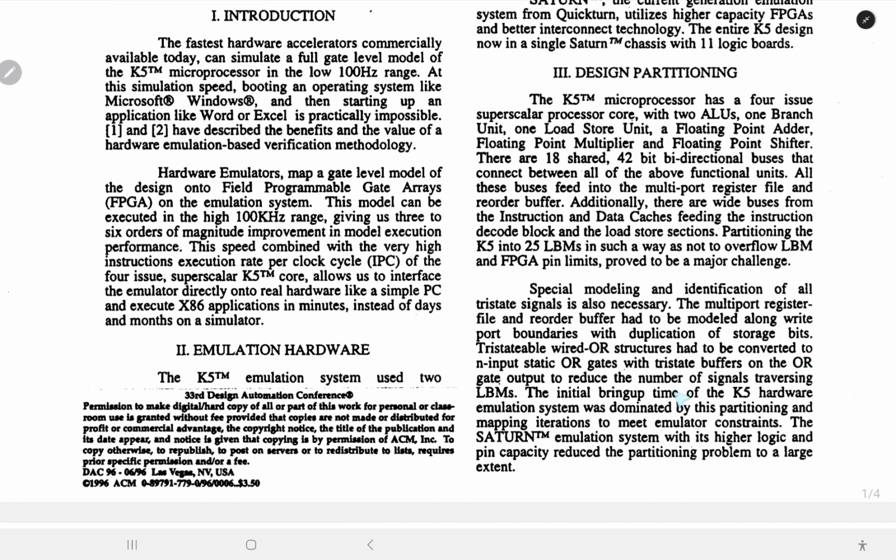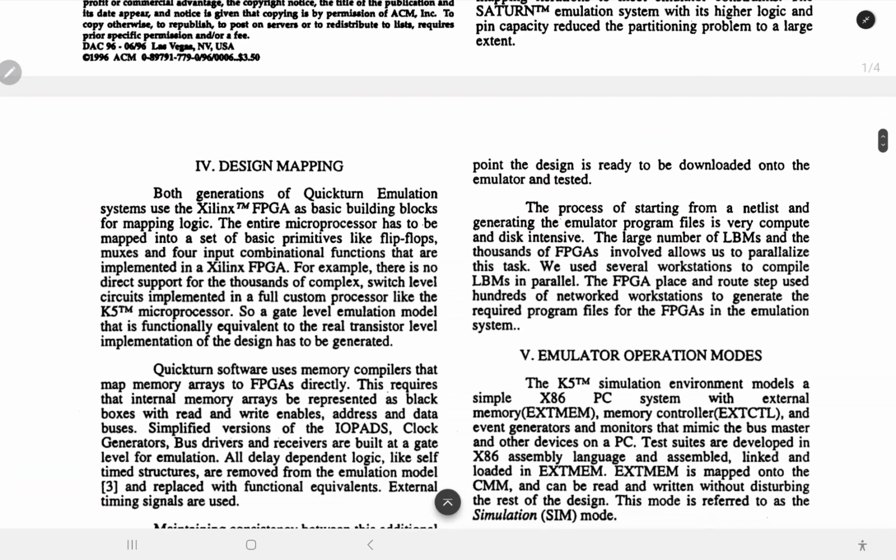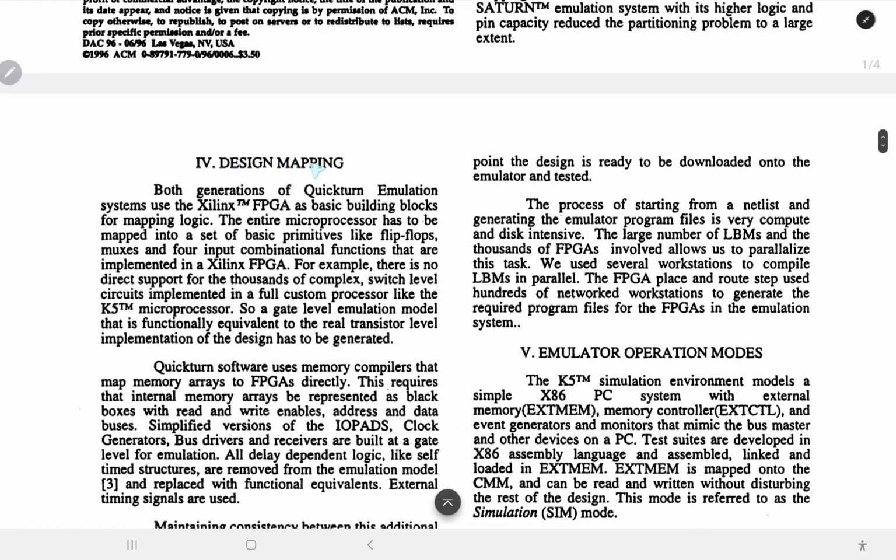The initial bring-up time of the K5 hardware emulation system was dominated by this partitioning and mapping iteration to meet emulator constraints. The Saturn emulation system, with its higher logic and pin capacity, reduced the partitioning problems to a large extent.